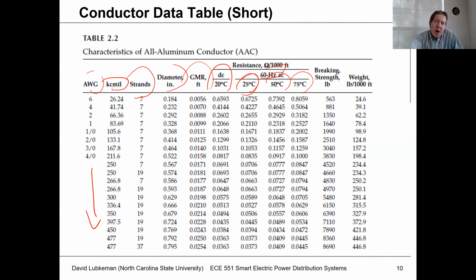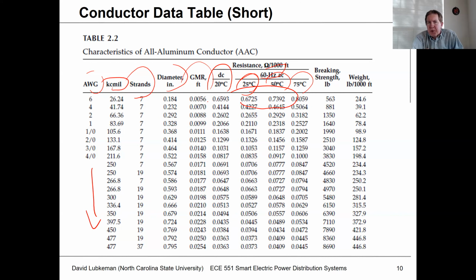If you heat the wire up, then the wire resistance actually goes up a little bit. And so 50 degrees C would be the number typically associated with heavy loading. And normally we go back and forth between 25 and 50 degrees C. 75 degrees C is a little too hot for what we need.